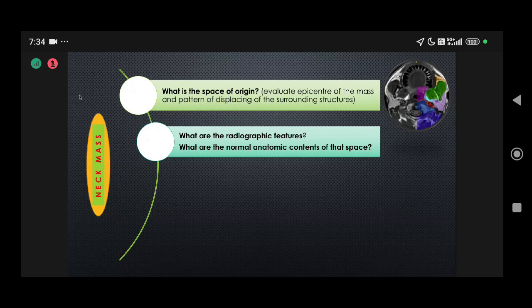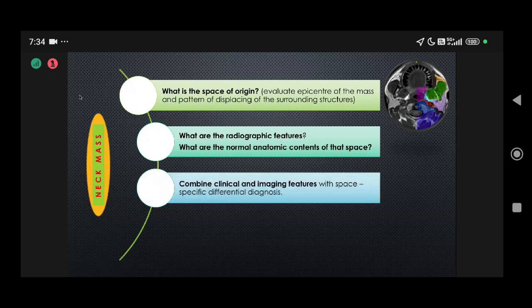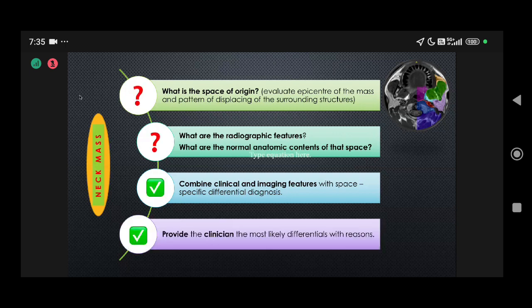The radiographic features, what is the lesion, what is the margin, how it is appearing on CT scan or on MRI or on PET CT scan, and then after combining this radiological feature, after knowing the anatomic space of origin, we combine it with the clinical features. What are the clinical signs? What are the clinical examinations? And this is how we are being helpful. We are being a path guider to the surgeon, that what are the most likely differentials with particular prominent evidence-based reasons.